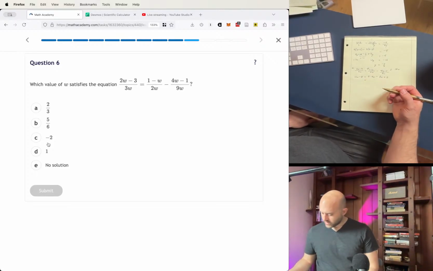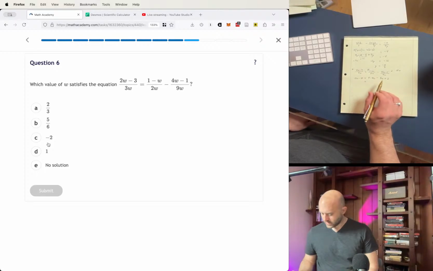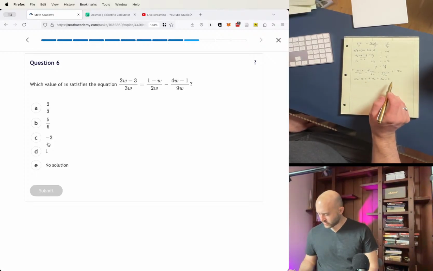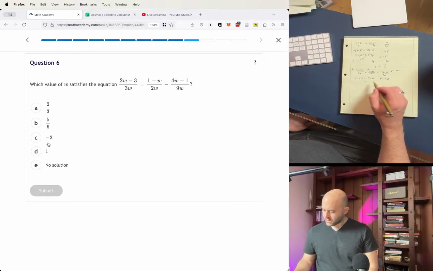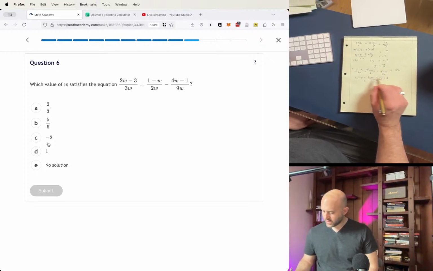And again, no solution is a possibility, so let's take a look at this. Let's throw the w's to the left and all the other numbers to the right. So this together, negative 9 plus this is negative 17w. And 2 plus this is 11 plus 18.